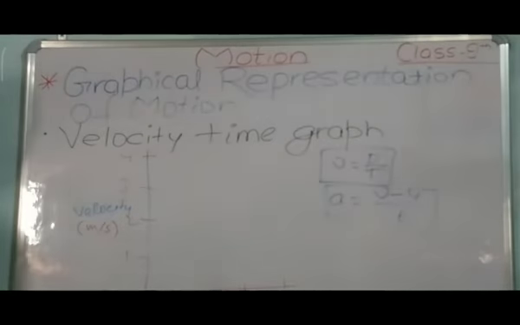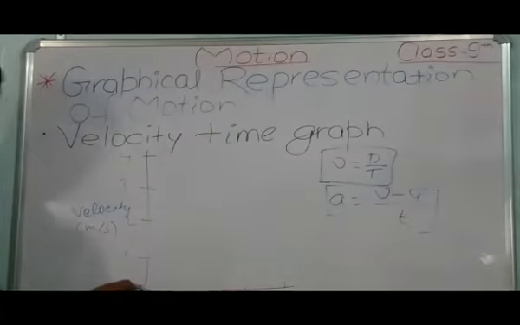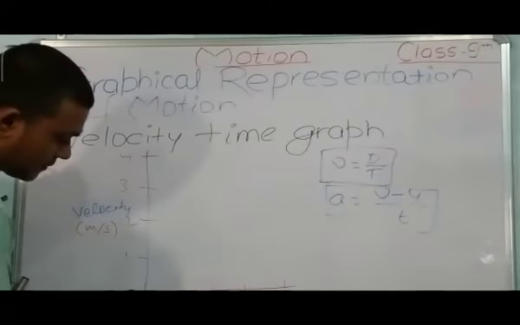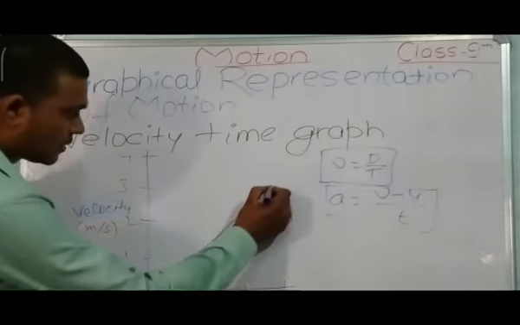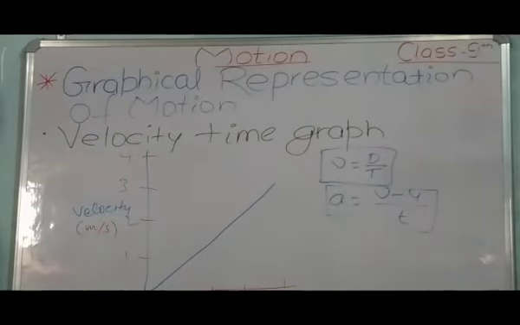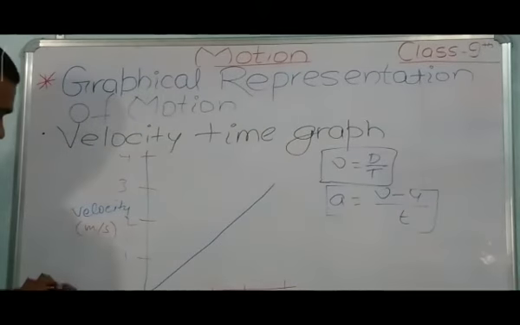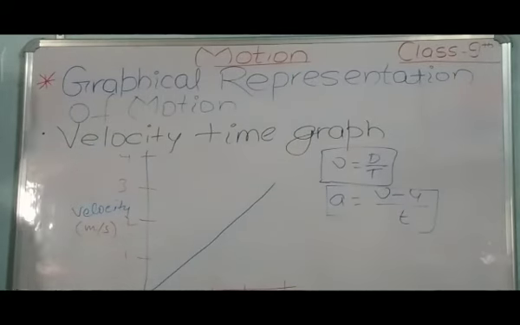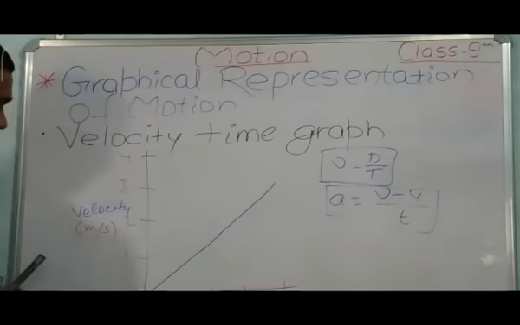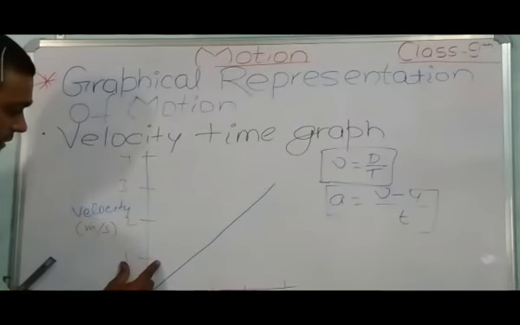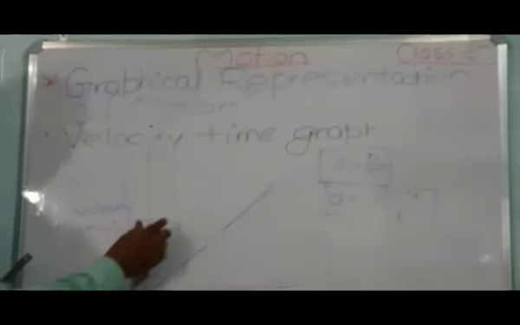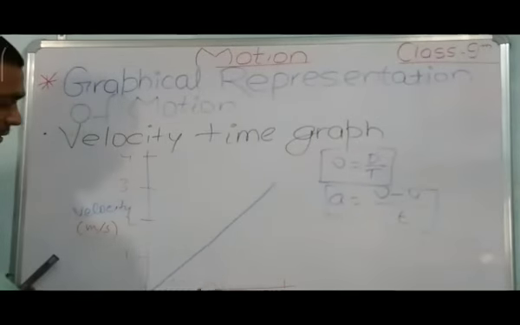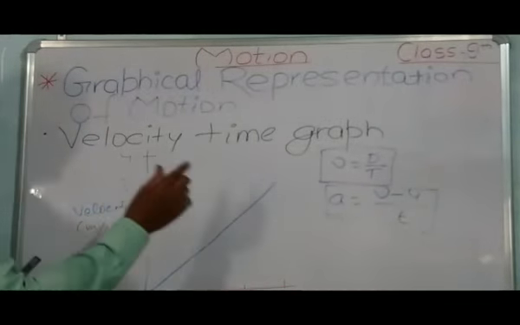See, if an object moves this way, then it is said to be in uniform velocity. How? 1 meter per second in 1 second, 2 meter per second in 2 seconds, 3 meter per second in 3 seconds.